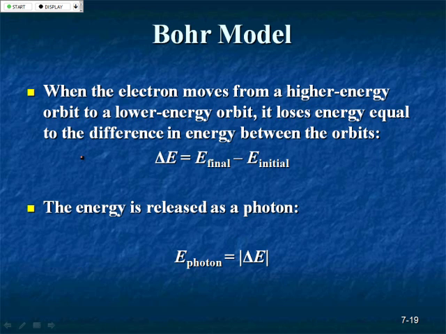But in the modern model, that's not the case. The energy gap between 1 and 2 is huge, then 2 and 3 is not much. As we go further, like 4, 5 and 6, they become so close together, not like what you see in the Bohr model. So this is the new energy level diagram, but we still call each level a principal energy level, and it is labeled by n, just like Bohr did.